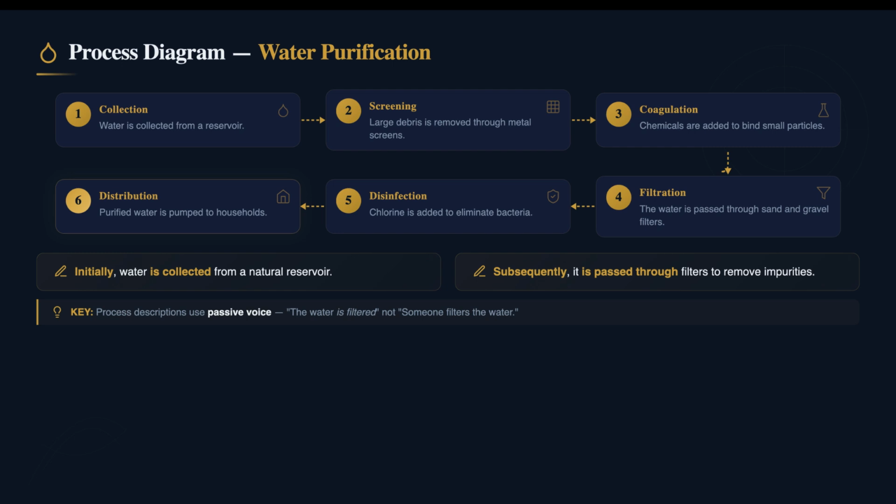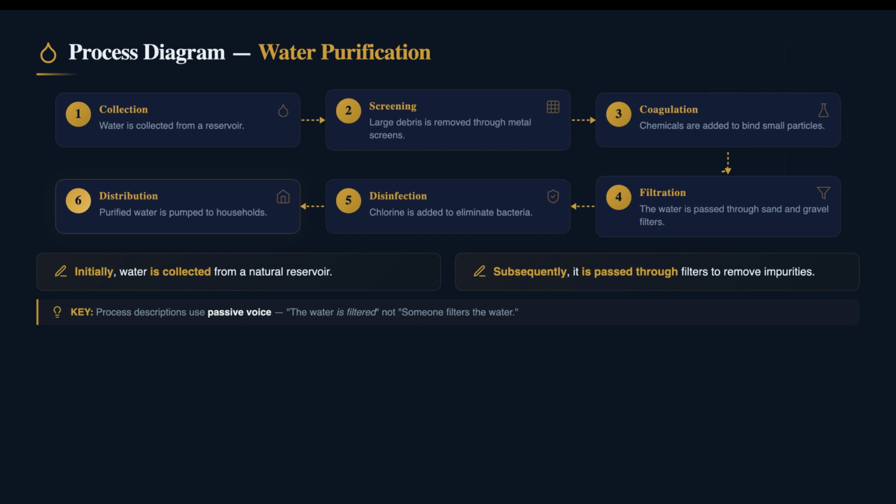And then stage five, disinfection. Disinfection is one of the most important stages in water purification, where chlorine is added to eliminate bacteria from the water. And then we have this final stage, distribution, stage six, where purified water or drinkable water is pumped to the households.